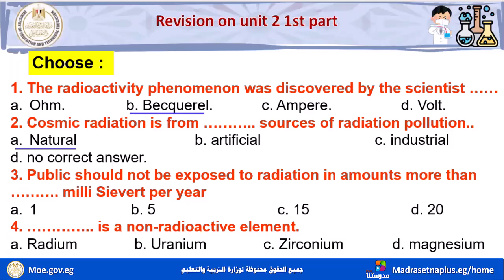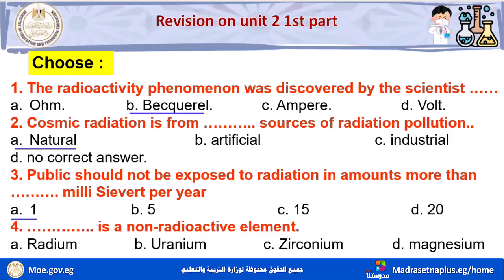Letter A, 1. Letter B, 5. Letter C, 15. Letter D, 20. Public shouldn't be exposed to radiation in amounts more than 1 millisievert per year.